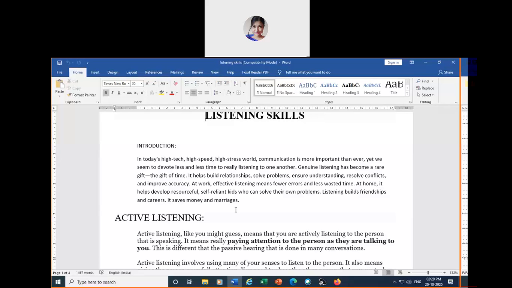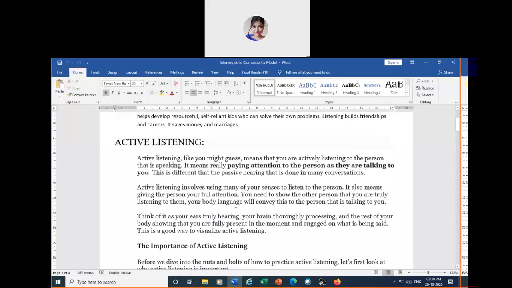The speaker will definitely try to deliver the speech properly, will try to make connections with the audience, and will maintain his own things like body language, eye contact, and the way he delivers the speech. That totally depends upon the speaker, but the listener too has a lot of responsibilities, and the listener should definitely listen properly to the speaker.